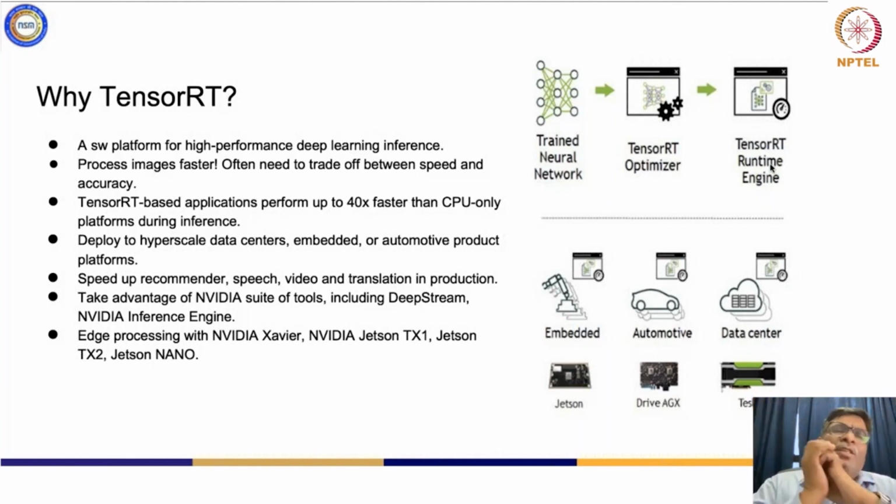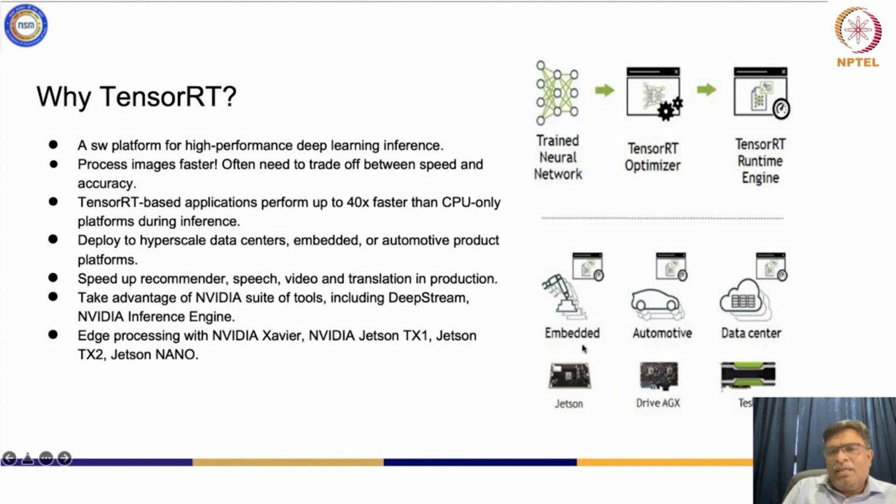TensorRT based applications perform up to 40x faster than CPU only platforms during inferencing. So if you have a TensorRT based application developed, it's going to perform 40x faster than just the CPU only platforms. You can deploy it to hyperscale data centers, embedded or automotive product platforms as shown here.